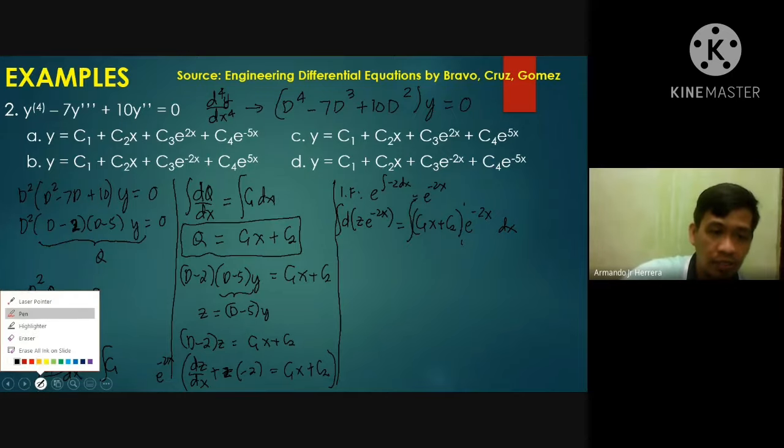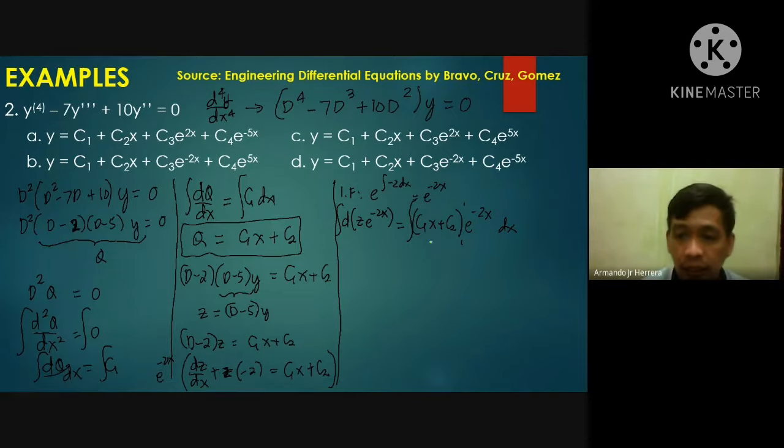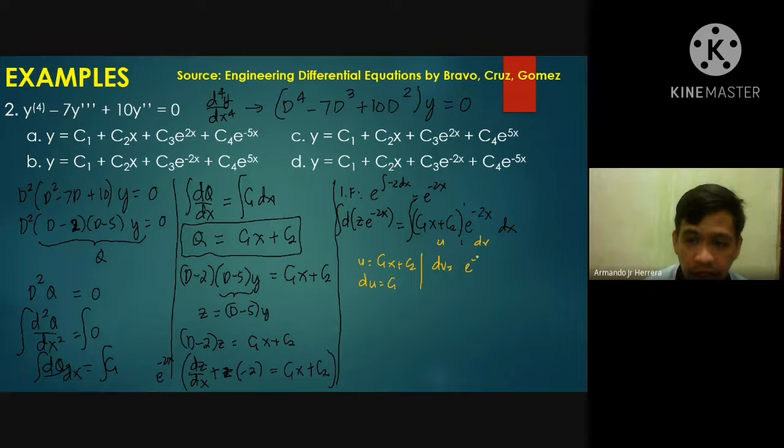So using integration by parts, gagawin natin itong u, gagawin natin itong dv. So let u be equal to c1x plus c2, whose derivative u is c1, and dv is e to the minus 2x dx, whose v is equal to negative 1/2 e to the minus 2x.